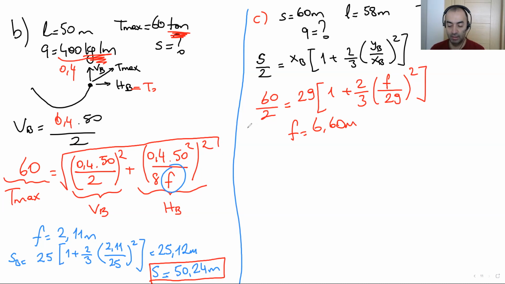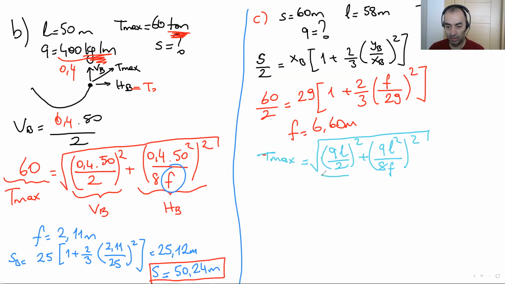Okay, what is Tmax? Remember, Tmax is the square root of the vertical component squared plus the horizontal component squared. This one is Tmax. This is the vertical component.